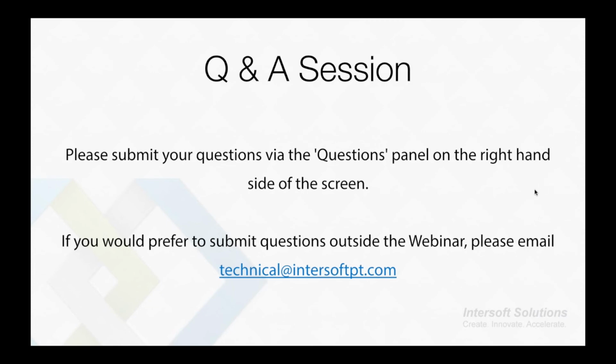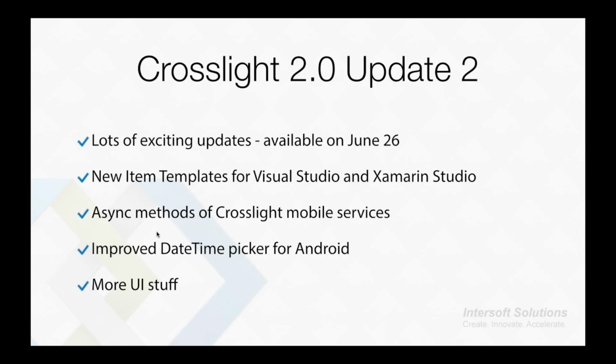Okay, let's wrap up the webinar. Crosslight 2 has now reached the Update 2 milestone. Expect lots of exciting updates, all available on the 26th of June. We're going to provide new item templates for Visual Studio and Xamarin Studio as well. Crosslight mobile services will support modern async API methods. The datetime picker component for Android has also been improved.